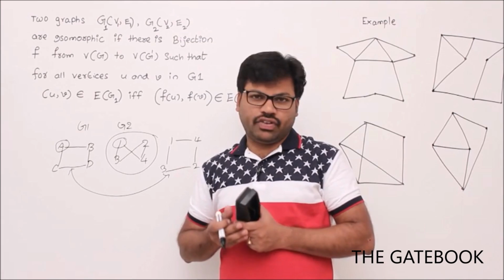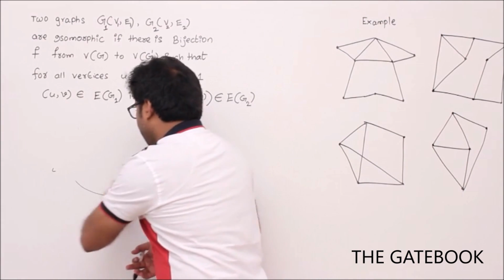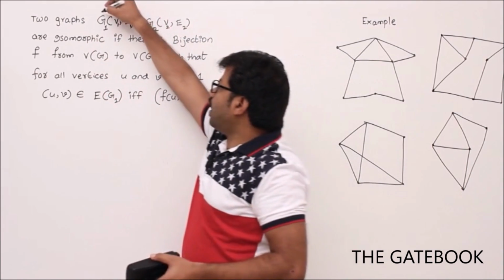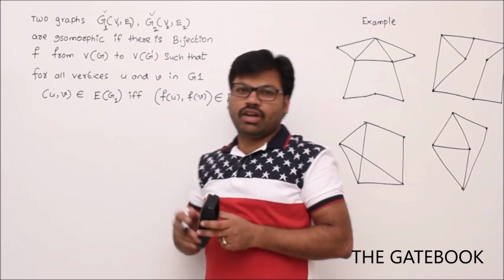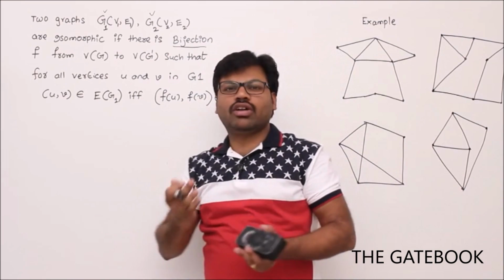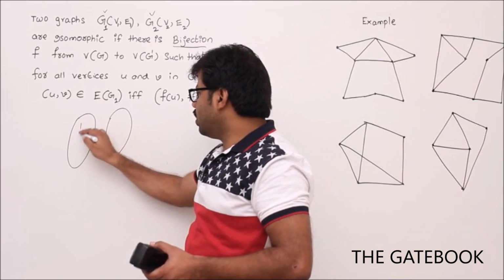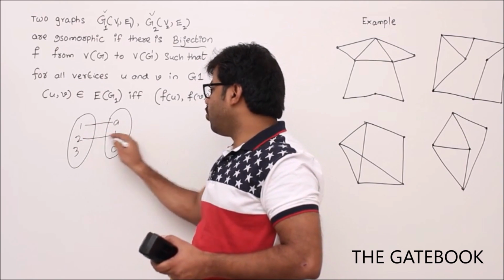Then what is the formal definition of isomorphism? We'll see. Two graphs G1 and G2, let's say with vertices V1, E1 and V2, E2, are isomorphic if there is a bijection. You know what a bijection is, right? One-to-one correspondence. For example, there are two sets, like 1, 2, 3 and A, B, C, and a bijection is this kind of mapping.